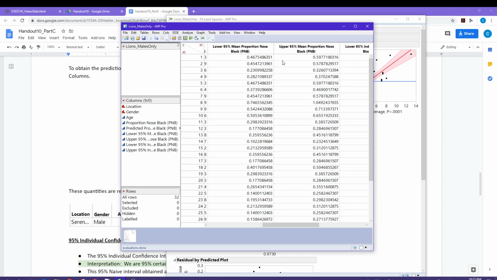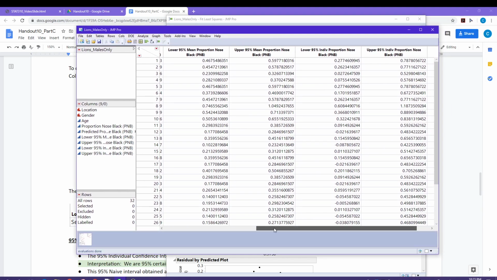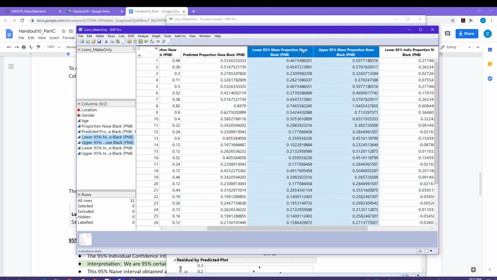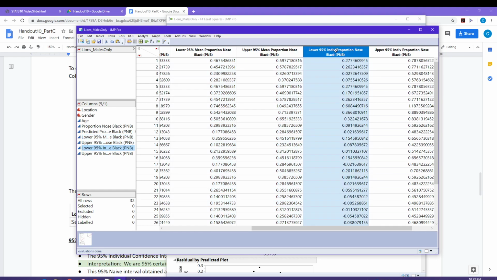And what that does is produce several additional columns in my data table. So here are the predicted values that I saved. Here are the lower and upper 95% mean intervals. And then over to the right even more, I have the lower and upper individual confidence intervals.